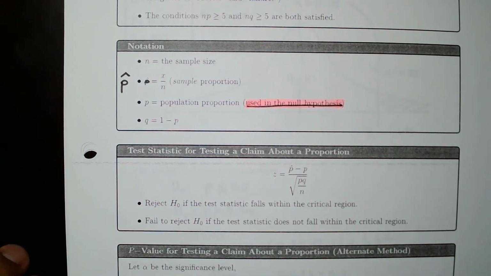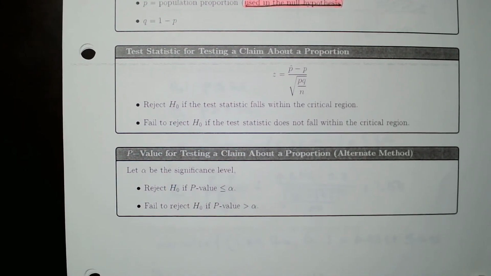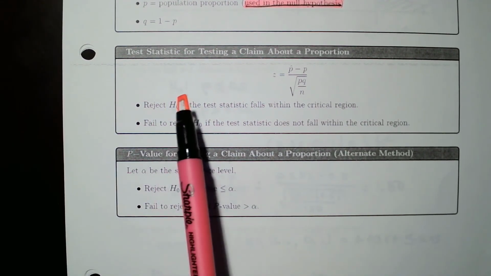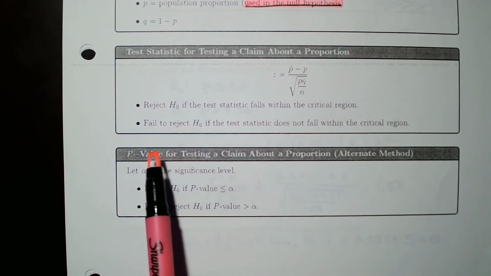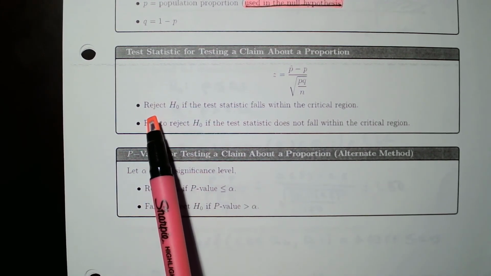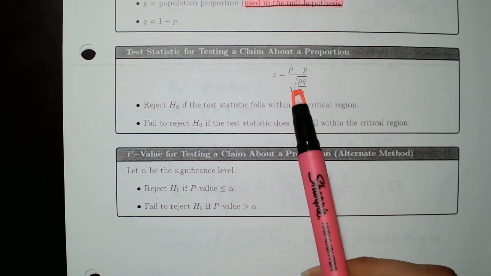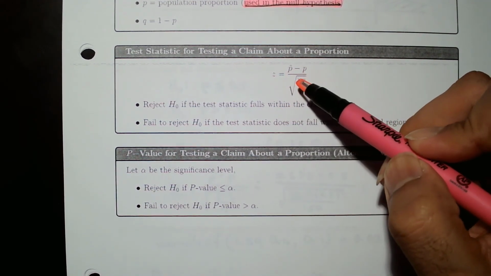All right. Okay, so there are two different methods to test a claim. Number one, using the z-score and the p-value. Okay, so how are we going to do that? We're going to use this formula: p hat minus p divided by the square root of pq over n.